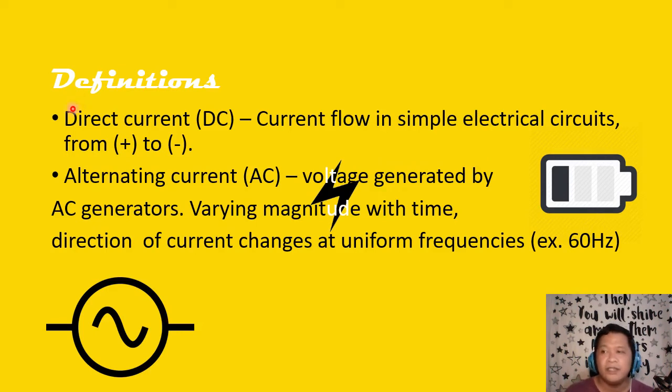Right, so again, we might probably have heard of DC and AC. No? Usually, yung direct current ay characterized by a simple one-way flow from positive to negative, and usually ito yung nakikita nyo sa mga baterya nyo. Our batteries, AA batteries, cell phone batteries, and well, even solar panels generate direct current electricity.